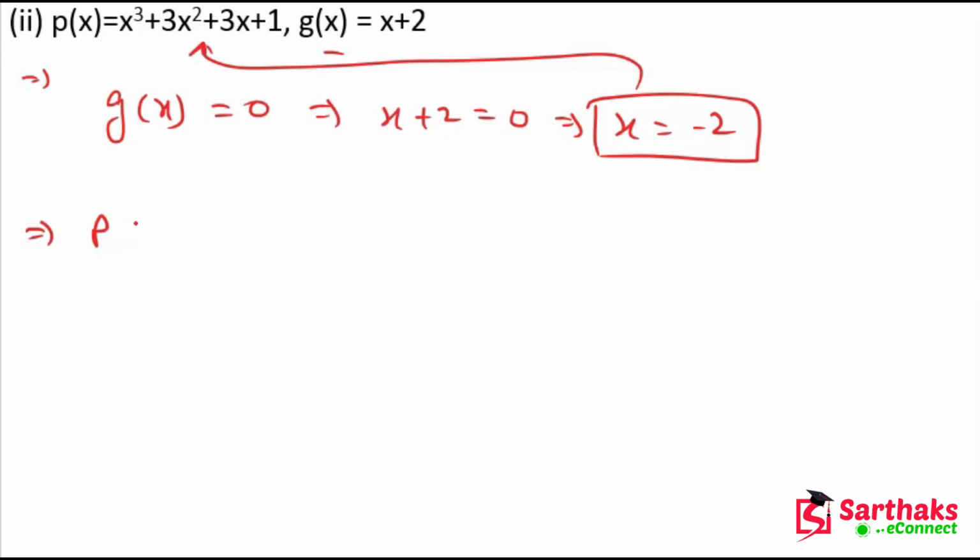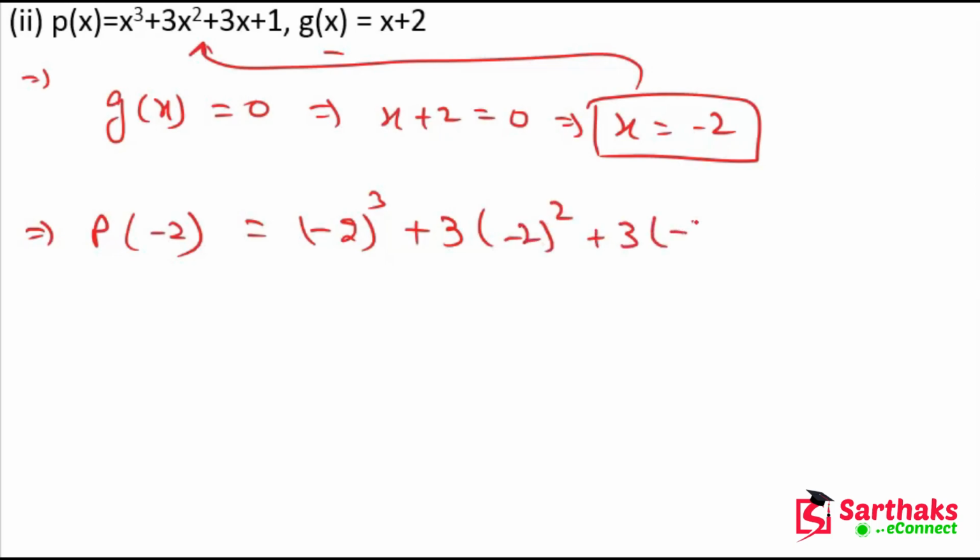Now we have to find the value of p of x at x equals minus 2. Here we get minus 2 whole cube plus 3 into minus 2 square plus 3 into minus 2 plus 1. So now we get minus 8 plus 3 into 4, here we get minus 6 plus 1.